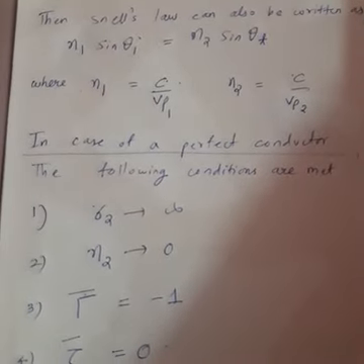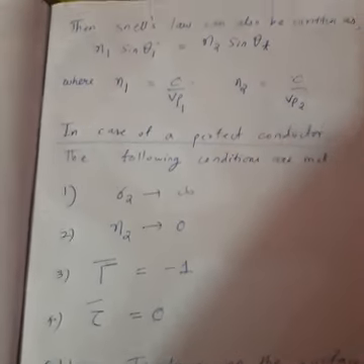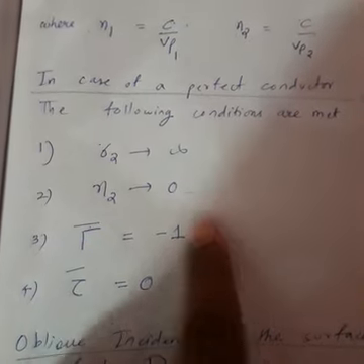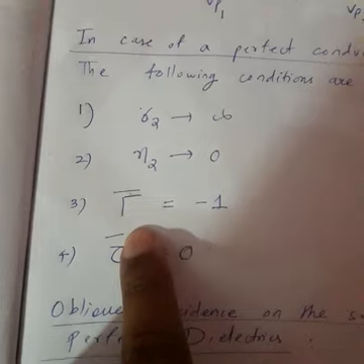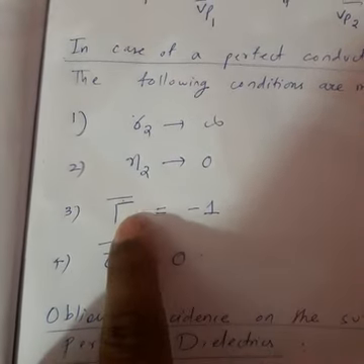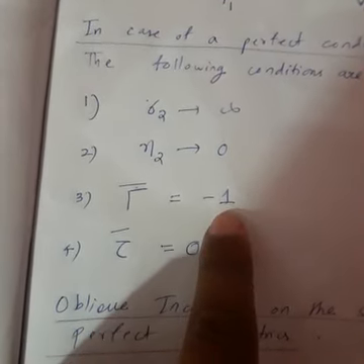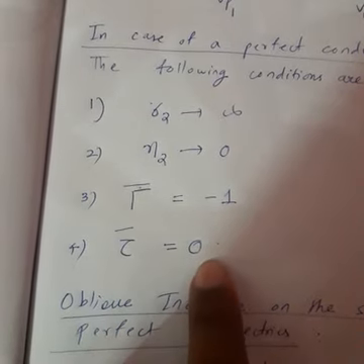Next we look at the special cases. Let us first take the case of a perfect conductor. What will happen in the oblique incidence? You have to derive this Snell's law, and the following conditions you have to impose. For perfect conductor, conductivity of medium 2 will be infinite, intrinsic impedance will be 0, refractive index you have to calculate, reflection coefficient is equal to -1, transmission coefficient is equal to 0.